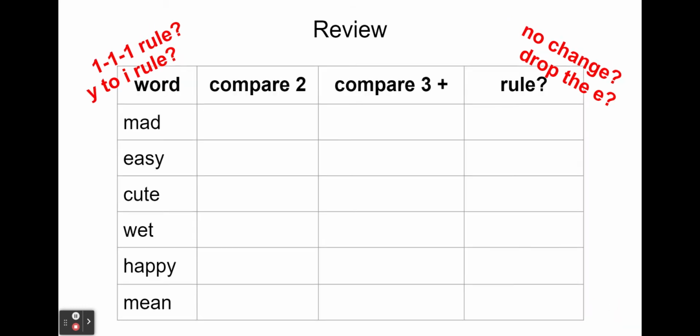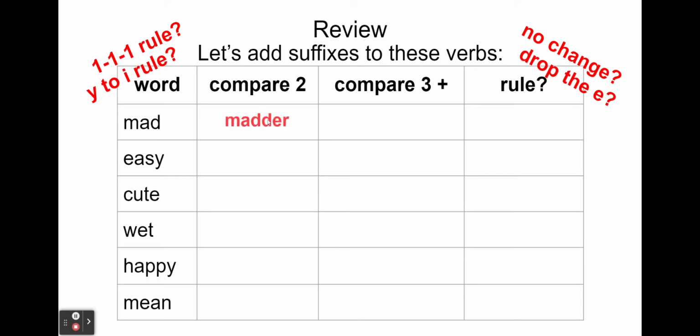All right, continuing with those rules, let's try them with some adjectives. So, Mr. Long is mad, but if we were comparing two, right, we would say maybe Mr. Ritz is madder than Mr. Long.